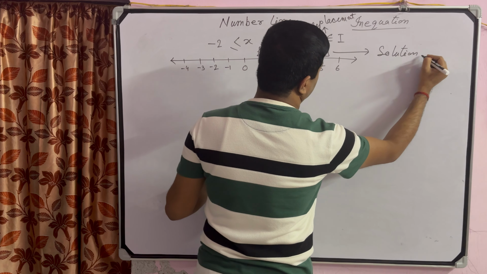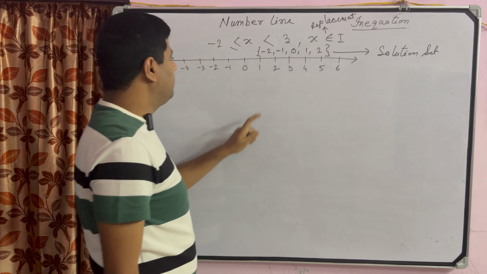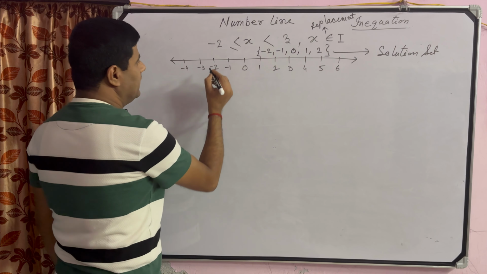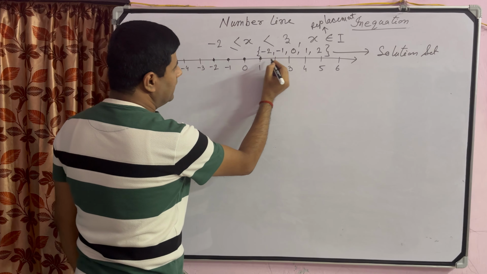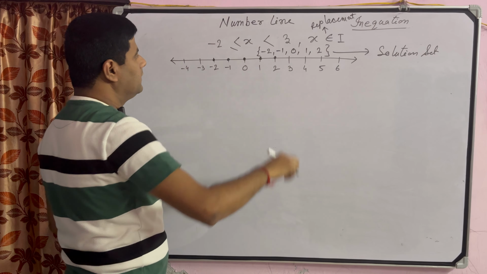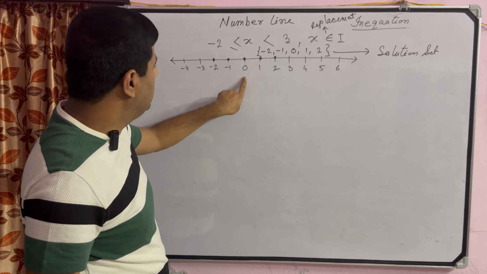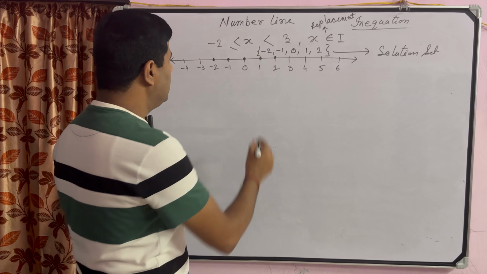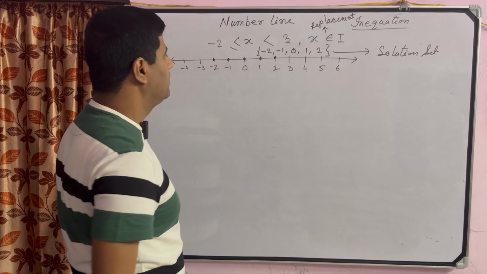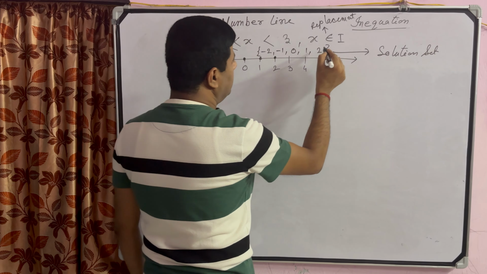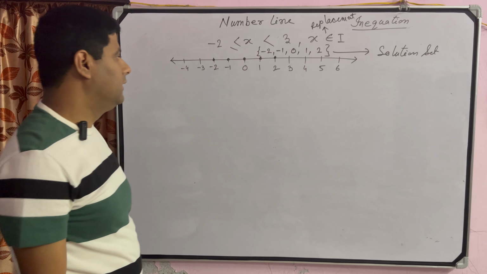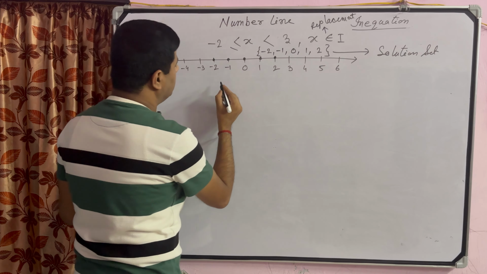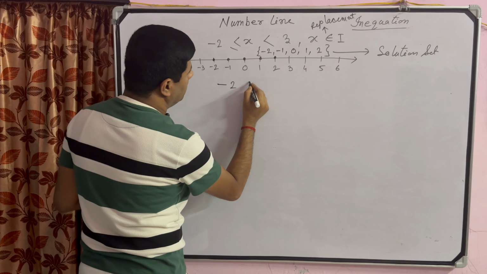So whatever the numbers are in the solution set, you need to color them one by one, because in case of integers they are jumping, right? Like -2, -1, 0, 1, 2, but in the middle numbers are not there, so it will be like this. See, here it is integer, that's why I have taken the numbers which are valid for integers only. So suppose I'm taking the same scenario but in a different way.